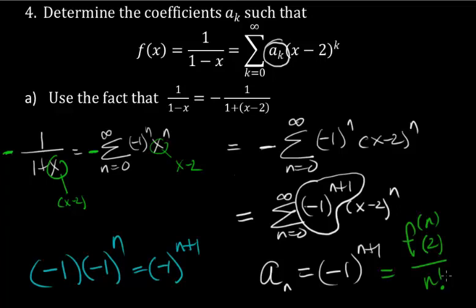That's what we've got to prove if we actually have to take derivatives and try to find a formula for the nth derivative at 2. A much more complicated process than just being able to recognize this as function composition with the series for 1 over 1 plus x.